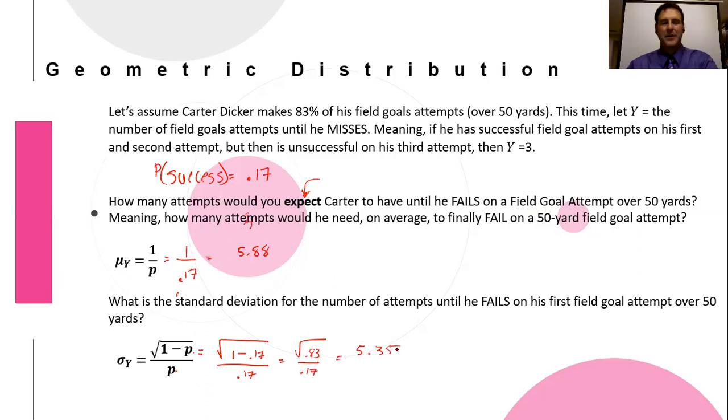What does that mean? When you think about all the activities where he kept kicking field goals until he misses, on average, the number of trials it'll take for him to finally miss a field goal will vary by 5.35 from the mean. That is what I got for that. I'm going to check it to make sure, and I think I'm good.